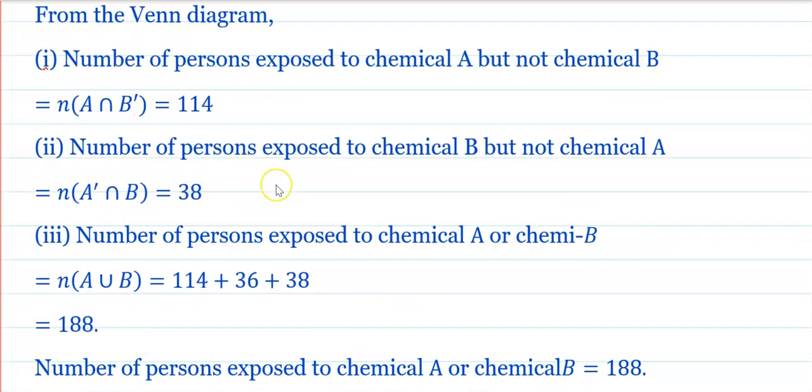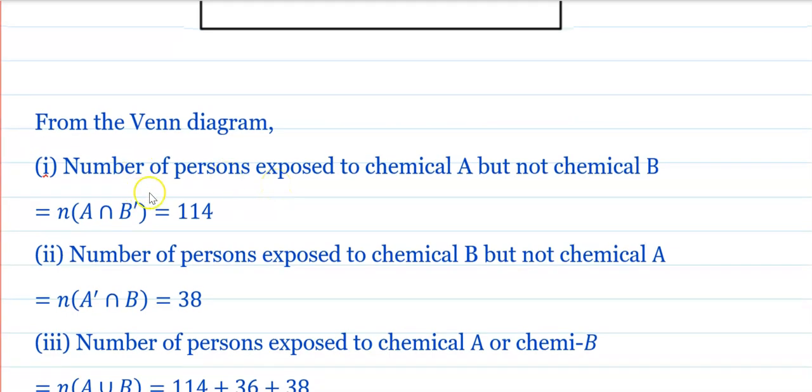Now see here, the number of persons who were exposed to chemical A but not chemical B is equal to what? A intersection B complement, and that is equal to 114.